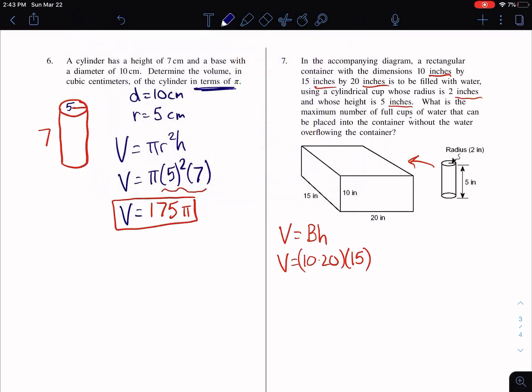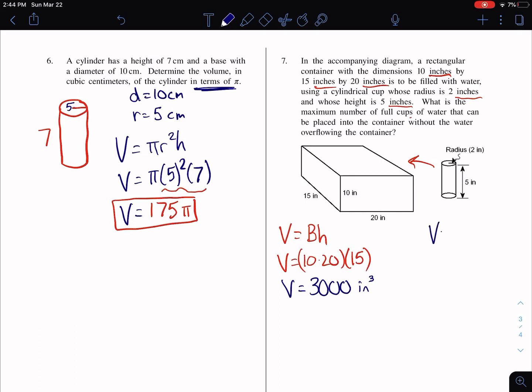So when we plug this in, again, we're using inches, so we know that our unit will be in cubic inches. But we multiply this out and we get 3,000 cubic inches. So now let's come over here and find the volume of our cylinder, the cup that we're filling with water and pouring into our rectangular prism.